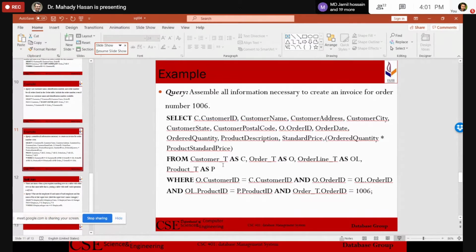Does n belong to customer, or n of order table, n of order line table, or n of product table? And you have mentioned it would be n of order table. Why order table? Let's not consider that we have a criteria for the order table, order ID equal to 1006. Let's not discuss that.